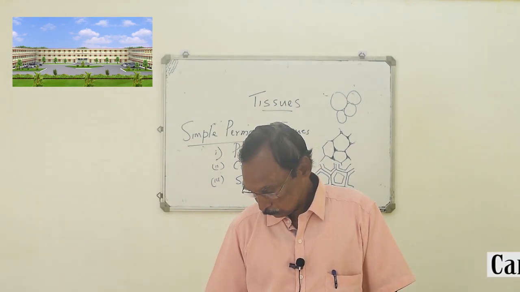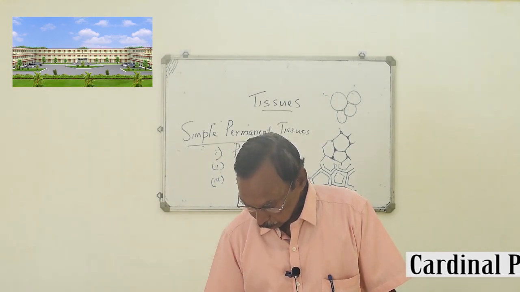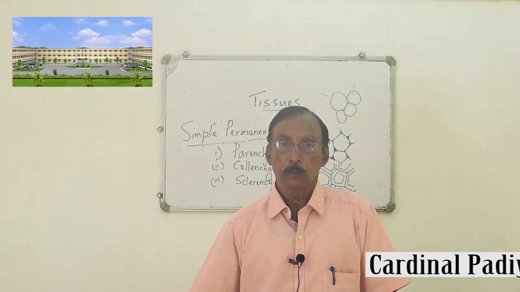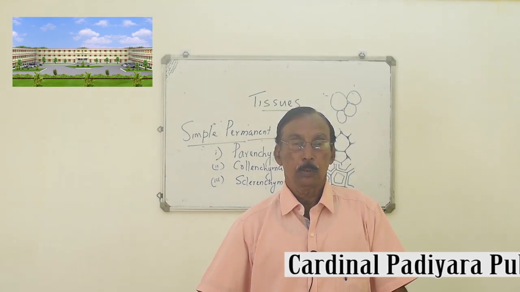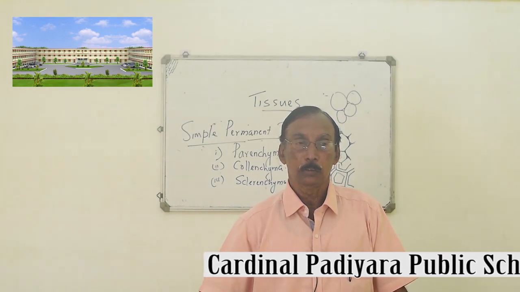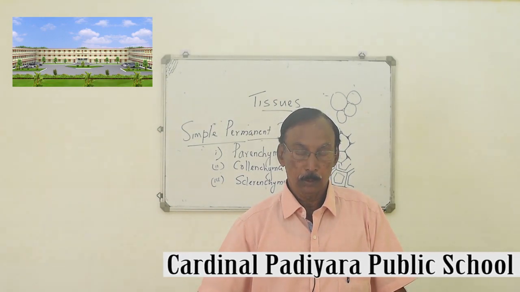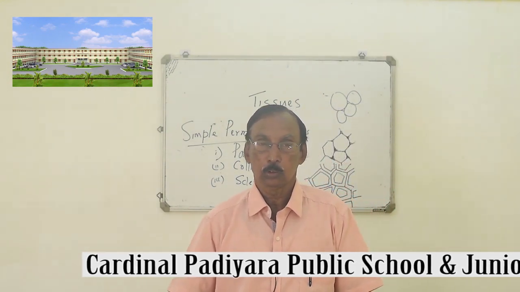Second thing, we discussed different types of plant tissues. The plant tissues can be divided into meristematic tissues and permanent tissues.